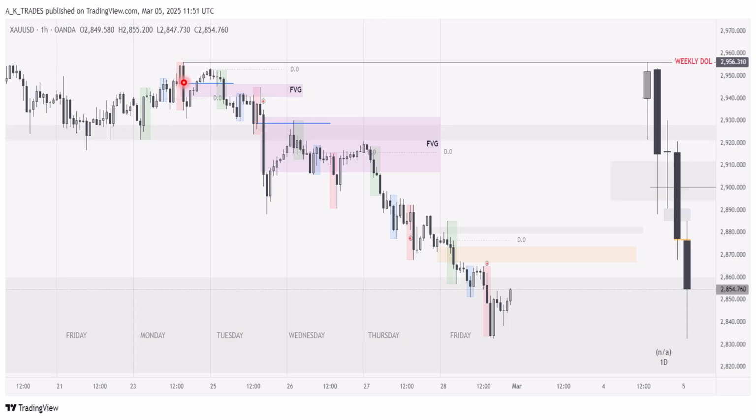Then when this down close candle closed below the opening of the last up close candle, our high probability bearish order block was formed. And as you can see here, there was a fair value gap that was created within it, where price also came back later to respect it.